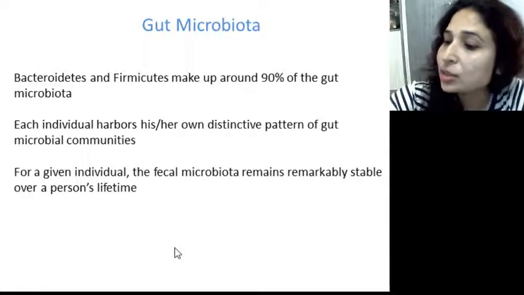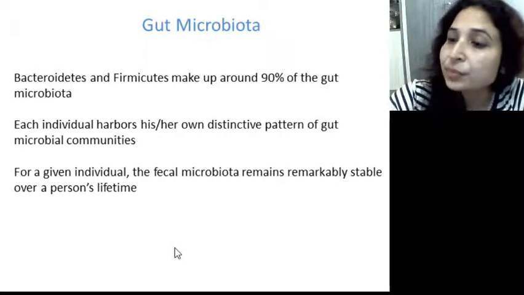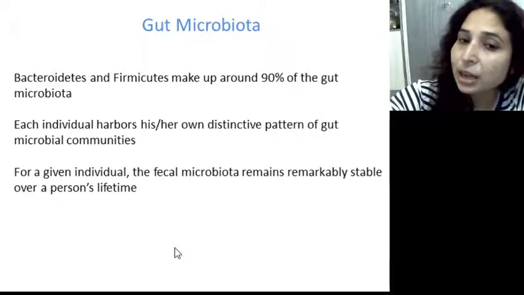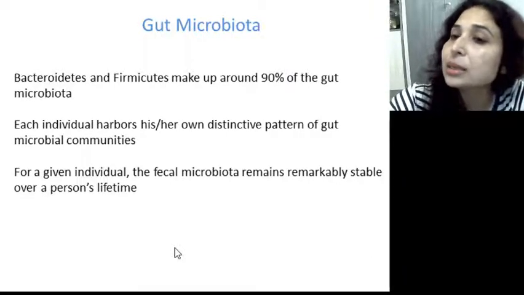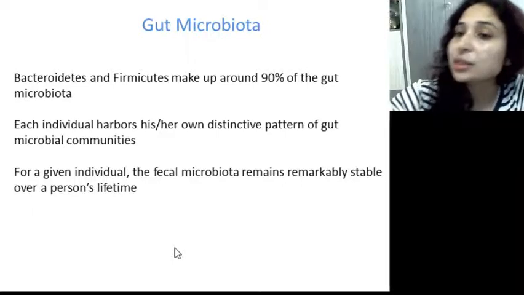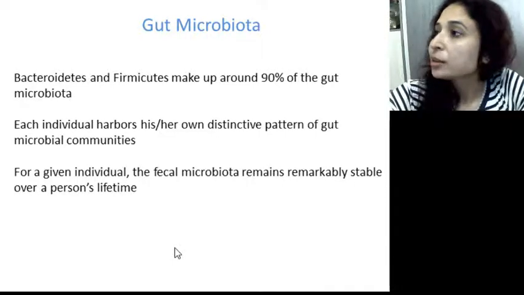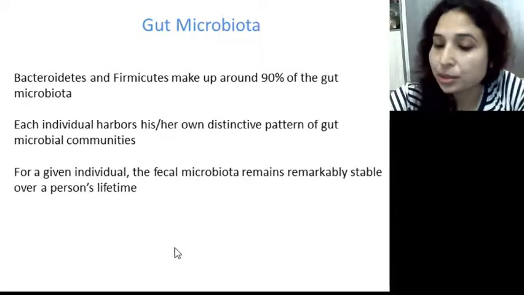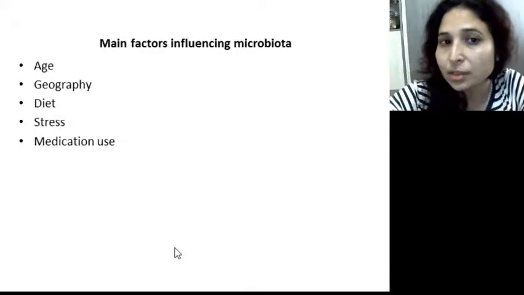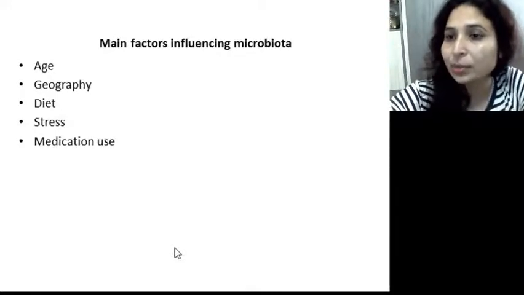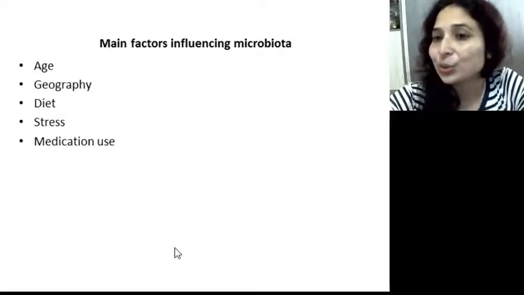So the colonization starts, and after a certain period of time the fecal microbiota remains remarkably stable and becomes the fingerprint of that particular person. There are some factors that influence the microbiota: it changes with age, geography, diet, stress, and medication use.